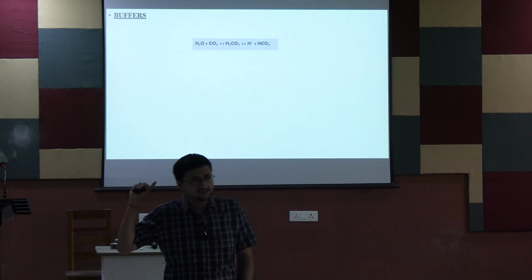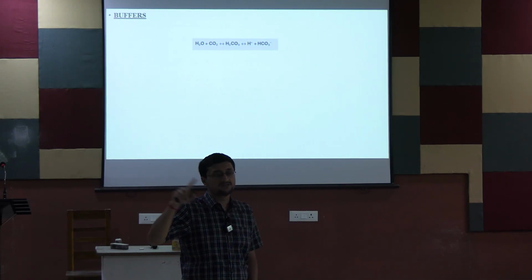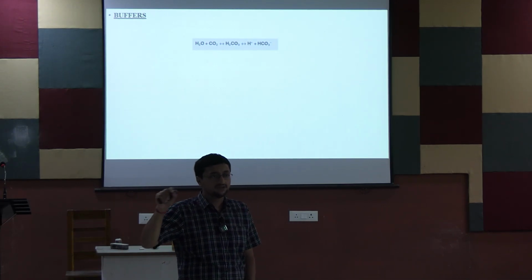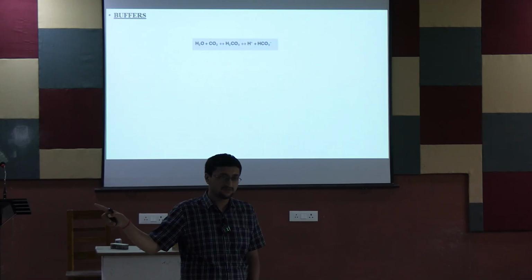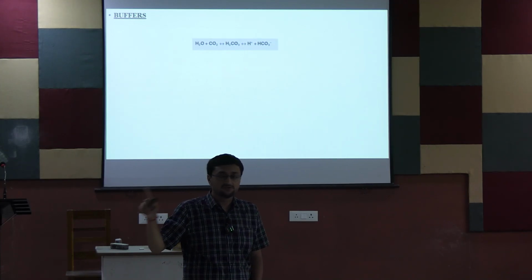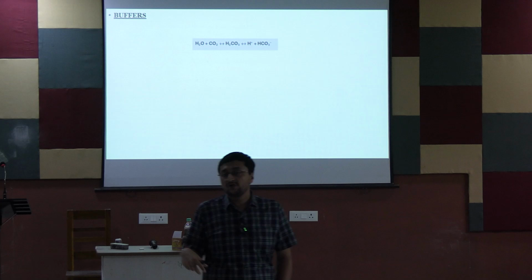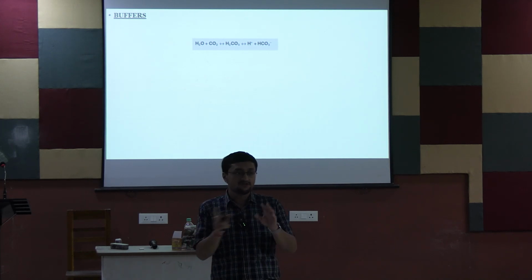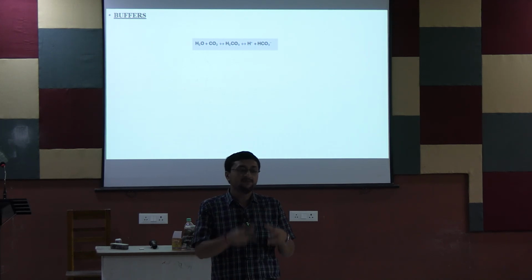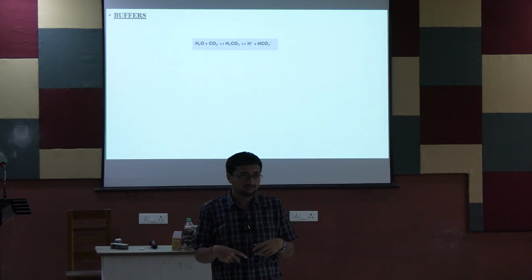So এই ইকুয়েশনটা তো যারা জানিস, H2O plus CO2, that means H2CO3 that dissolves into H plus and HCO3. Right. So this is the compensation. Bicarbonate, actually the compensation of bicarbonate primarily occurs through the kidney.